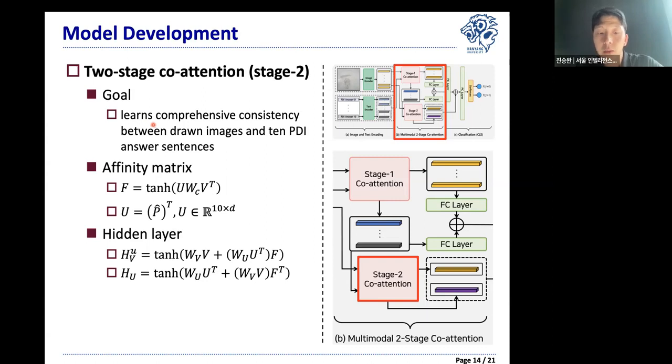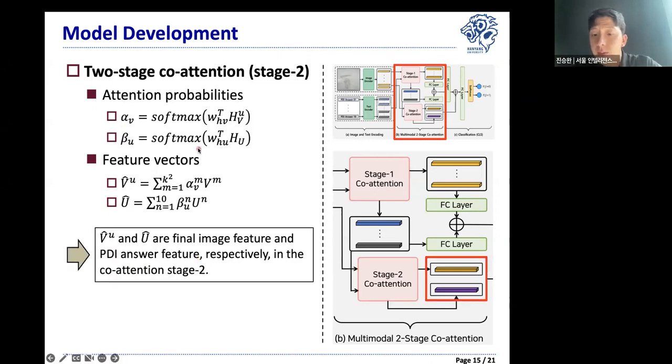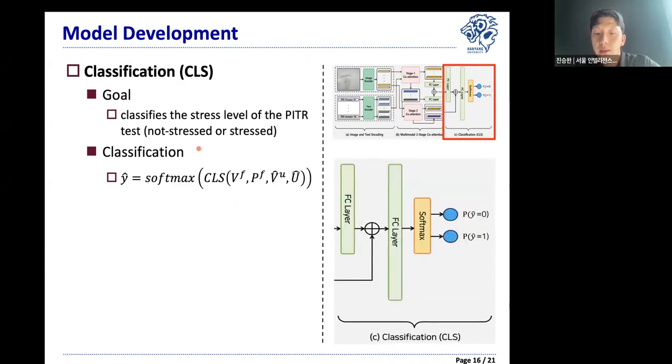And we could obtain two modalities' hidden layers from cross operation using the affinity matrix. As in stage 1, we could obtain the final feature vectors in stage 2 co-attention. And lastly, our model classifies the stress level of the PDI text.